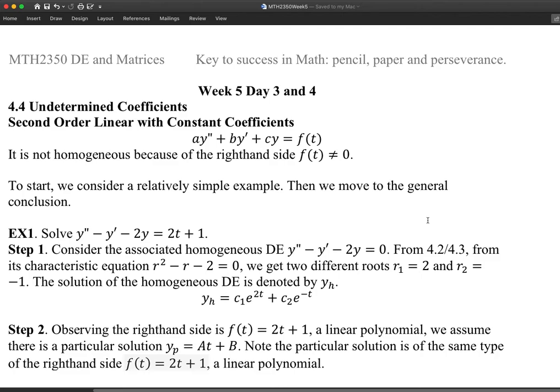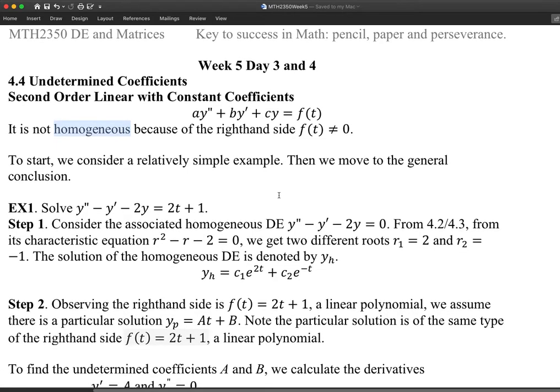The keyword is homogeneous. This time we are considering pretty much the same kind of differential equation, but it is non-homogeneous.